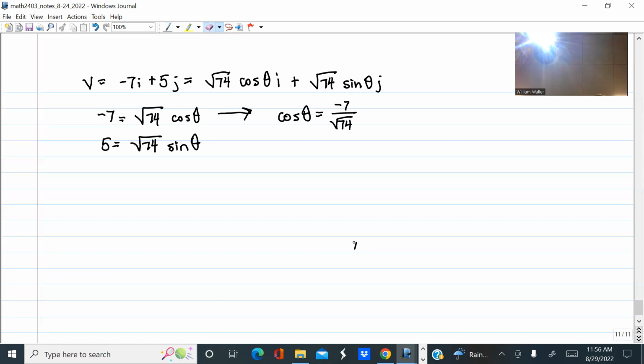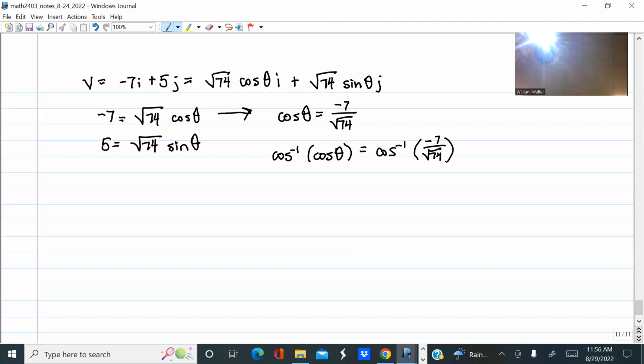And now we probably do need our calculator, because what we're going to do, of course, is apply the inverse cosine, the arc cosine. You'll probably get used to calling it arc cosine in calculus 2. That's fine. So we're going to apply the arc cosine to both sides, so we can solve this equation for theta.